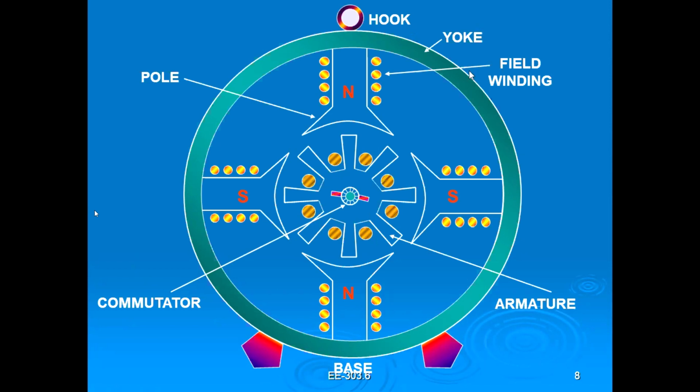So according to the law, I told you that the generator works based on a law. For that law, what do you require? We require one conductor, and whenever a conductor cuts the magnetic field, we require a magnetic field. So for that magnetic field, generally we know about permanent magnets.